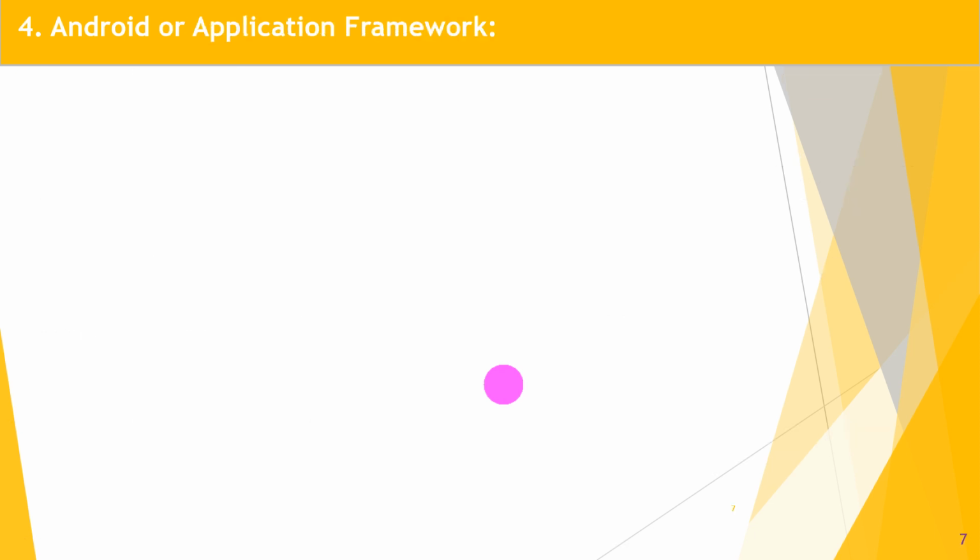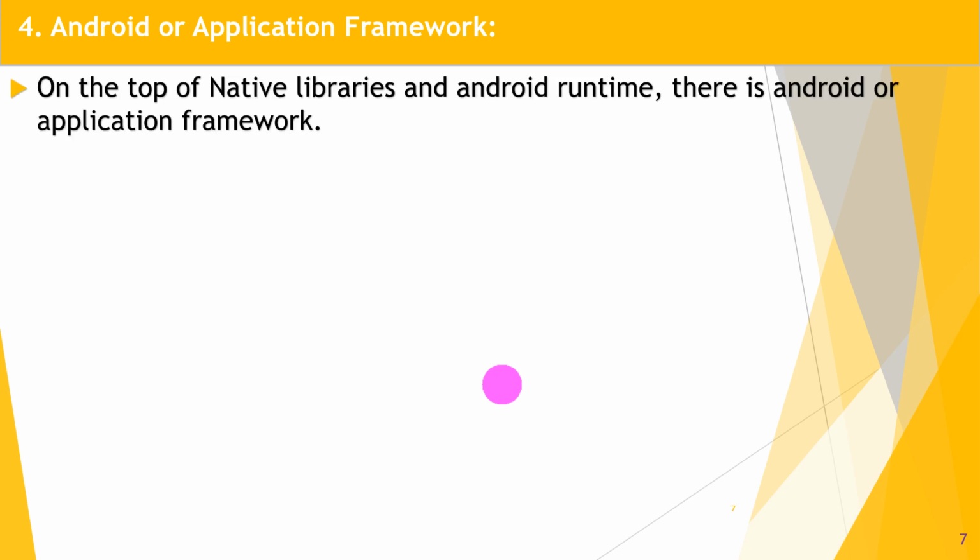Great. So let's move to the next part, the fourth part, called the Android application framework. On top of the native libraries and Android runtime, there is the Android application framework. Great.